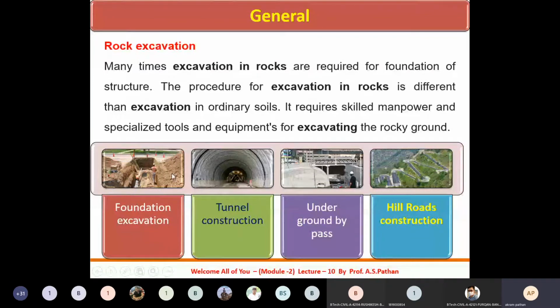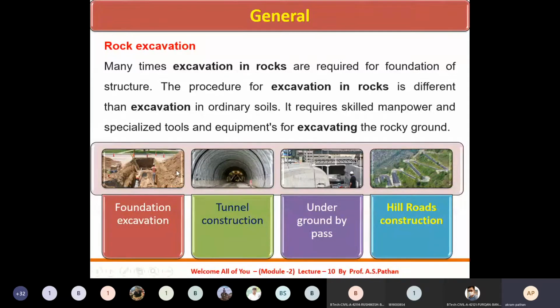While excavating that material, what different problems arise, what different equipment is required, what the capacity of that equipment is, and which techniques we are going to use, we can learn in this particular unit.